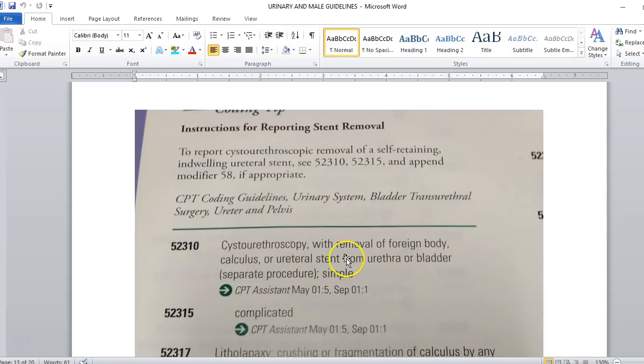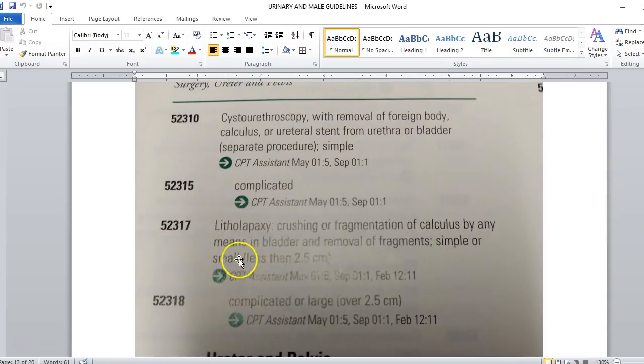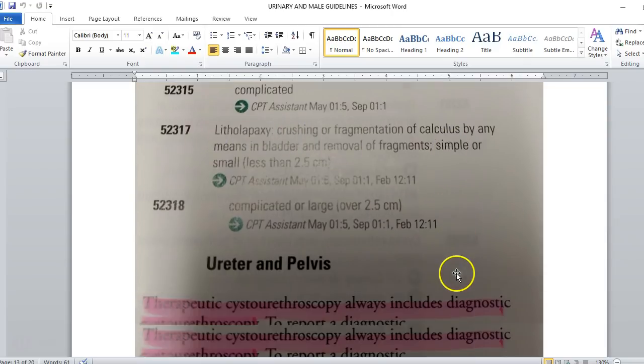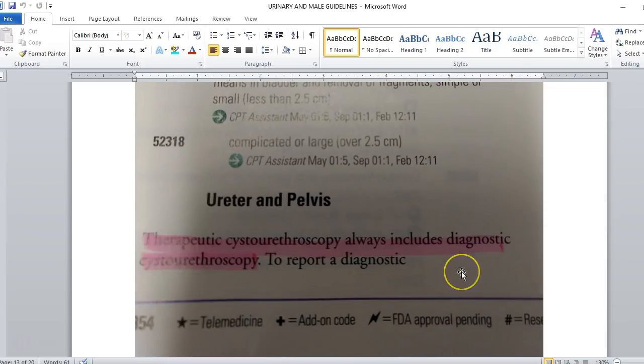Okay, so again, we have the cystourethroscopy, and then we have all of the other codes. We can remove a foreign body, we can do a lithotripsy or crushing the stones and removing the fragments, and then we get to the ureter and pelvis, where they tell us the therapeutic cystoscopy always includes a diagnostic cystourethroscopy.